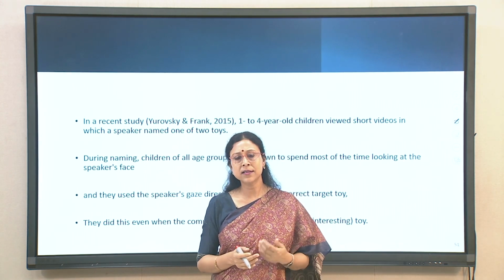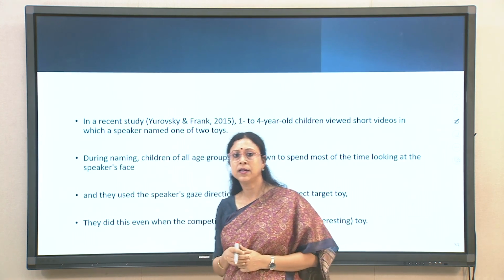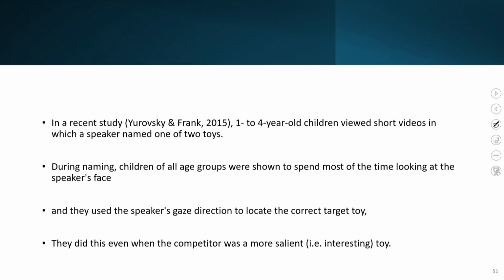In many other studies, for example, in one recent study in 2015, 1 to 4-year-old children viewed short videos in which a speaker named one of two toys. First they viewed the short videos where the person was naming things, and then when the child had to name, children of all age groups were shown to spend most of the time looking at the speaker's face, because they use the speaker's gaze direction to locate the correct target toy.